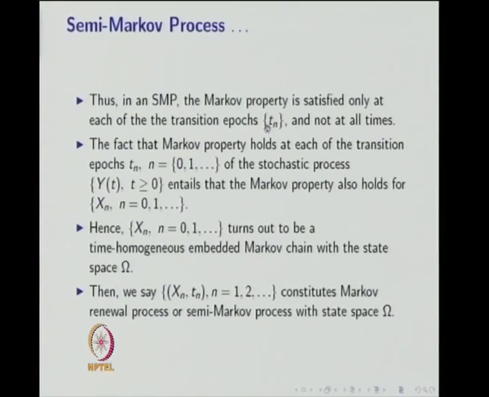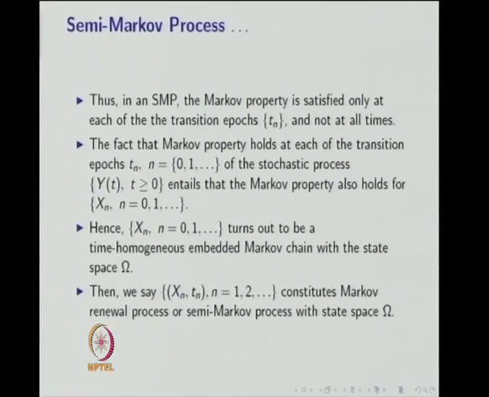If the Markov property is satisfied at all times, then the stochastic process is called the Markov process. Since it is satisfied only at each of the time transition instances, it is called a semi-Markov process. The fact that the Markov property holds at each of the transition epochs Tn of the stochastic process Y of t entails that the Markov property also holds for Xn.